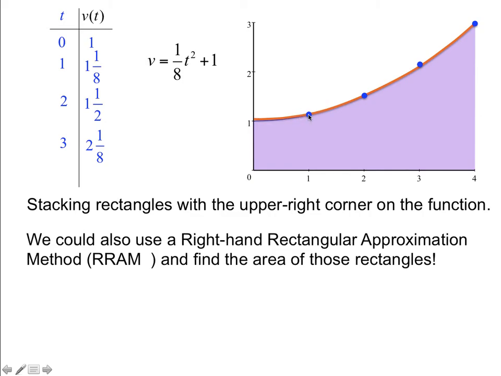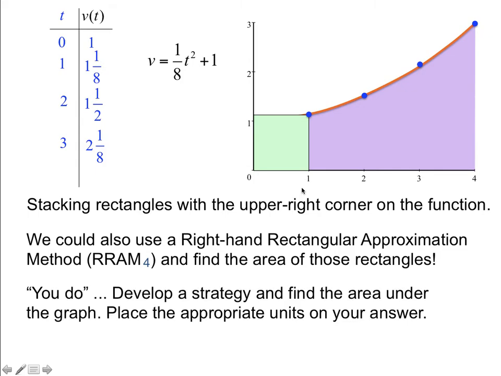So that first rectangle is going to look like this. And so we call this a right-handed rectangular approximation, or an RRAM. If we use the right corner of the rectangle, now this rectangle size is a little bit different, but notice this rectangle is now going above the function. And so here's the next rectangle, here's the next rectangle, and here's the last rectangle.